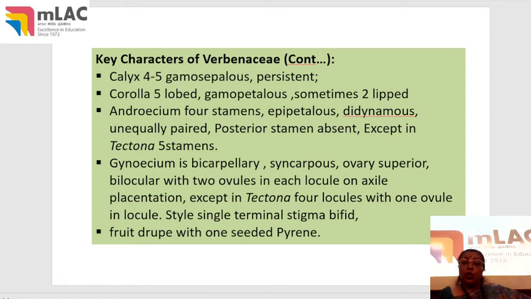Bilocular with 2 ovules in each locule on axile placentation, except in case of Tectona, where it shows 4 locules with 1 ovule in each locule on axile placentation. The style is terminal and the stigma is either bifid or sometimes bilobed. Fruit is a one-seeded pyrene.